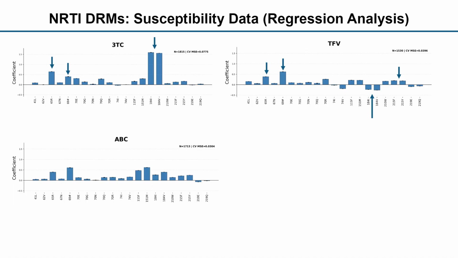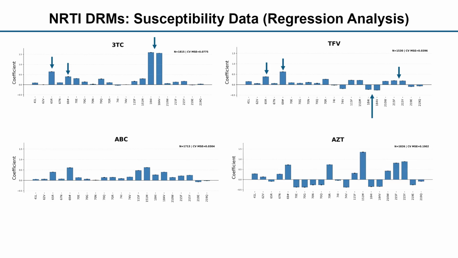For abacavir, there are three notable differences from tenofovir: M184V and I, L74V, and Y115F each contribute significantly to reduced abacavir susceptibility. For AZT, resistance is driven by the TAMs and the rare multi-drug resistance mutations. Several mutations increase susceptibility, including M184V and I, K65R, L74V, and several of the K70 variants.